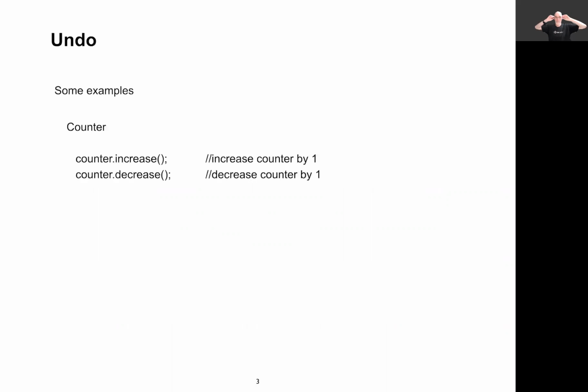We've covered one, we're going to cover a second one. But we're all familiar with undo, right? I mean, most text editors allow you to undo, a lot of IDEs allow you to undo, right? So the question is, how can we implement undo?